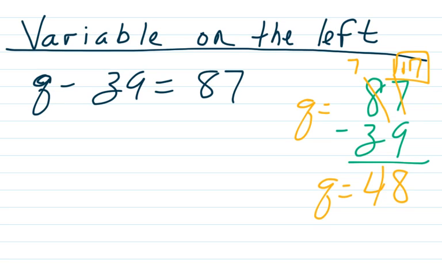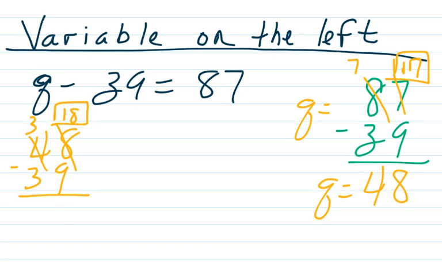Now I'm going to substitute in 48 for Q. So 48 minus 39. I regroup as always first before I start subtracting if I need to. 18 minus 9. Oh man, that didn't work. Okay, so I'm going to draw a line. This one did not work.